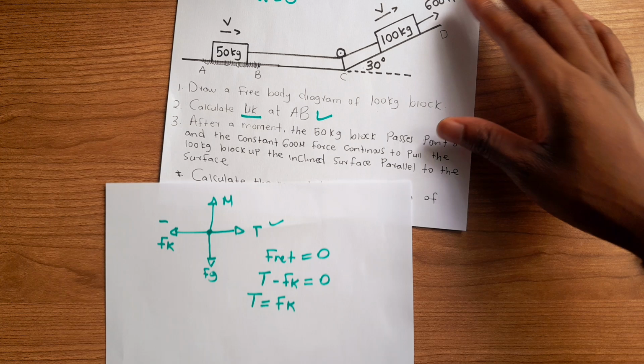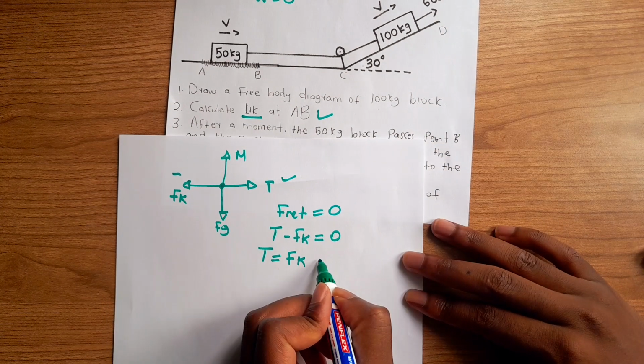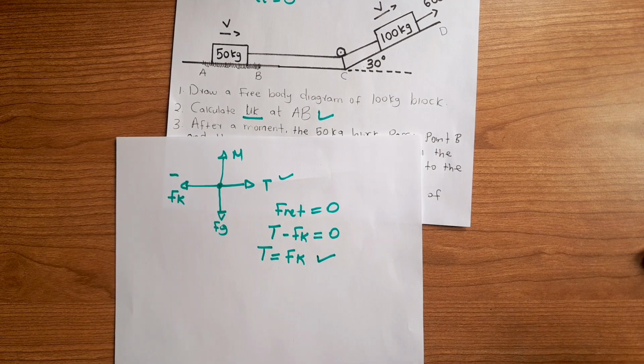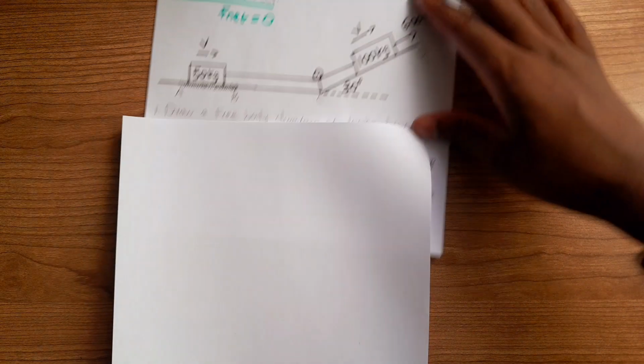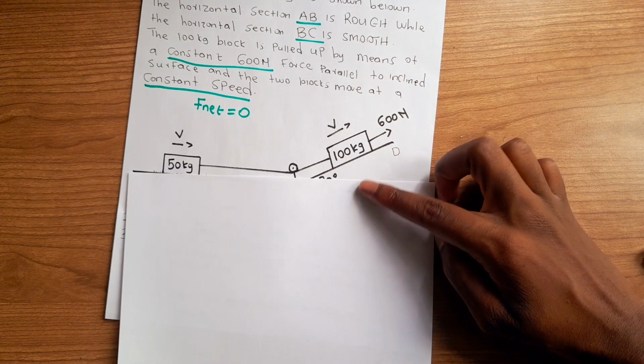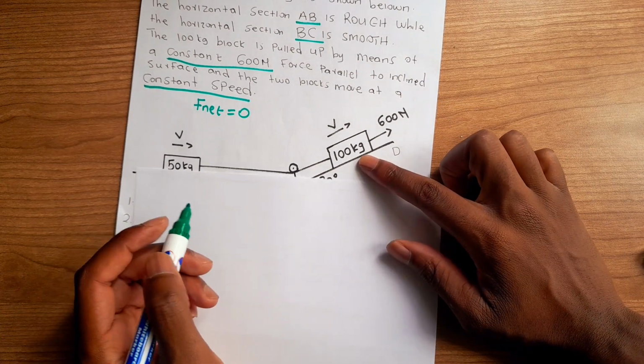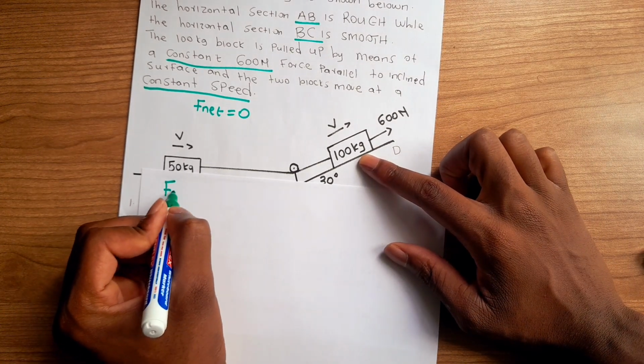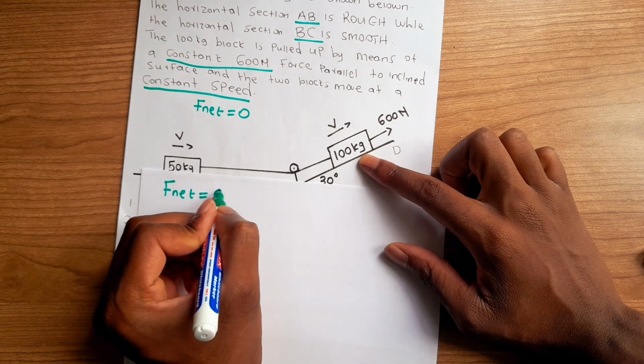So how can we find the tension to answer this problem? Well, let me come into this new paper. We're going to start here with the 100 kg block. On the 100 kg block, our F net equals 0, right?